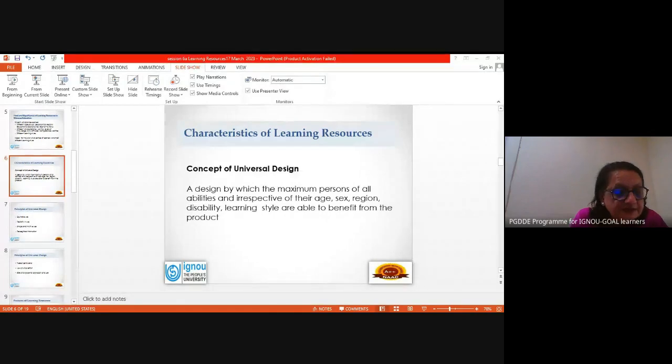And that is exactly what universal design is all about. The idea was that the design of products should be such that it can be used maximally by people of all ages, as well as people of all abilities.